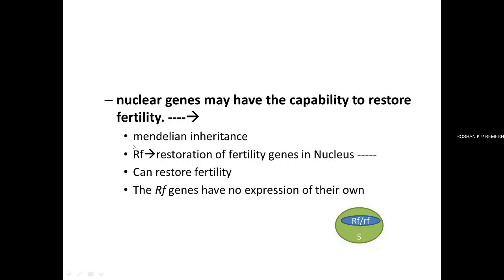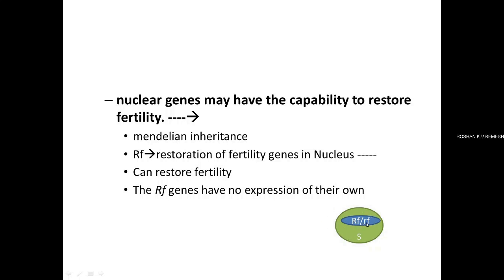The real function of it is that it can restore the fertility. That means, see, a cell having an aberrant cytoplasm or aberrant cytoplasmic genetic materials, but having a normal RF gene in the nucleus, then this RF gene can restore the fertility of that plant.